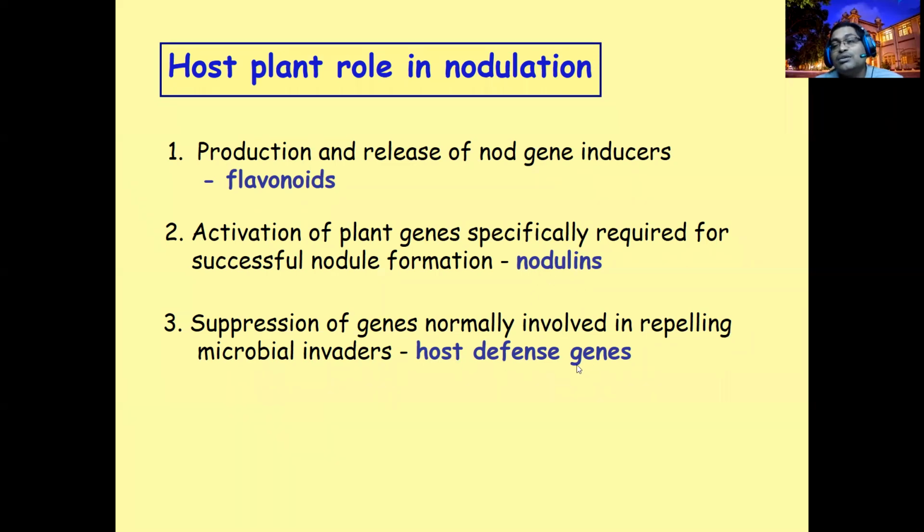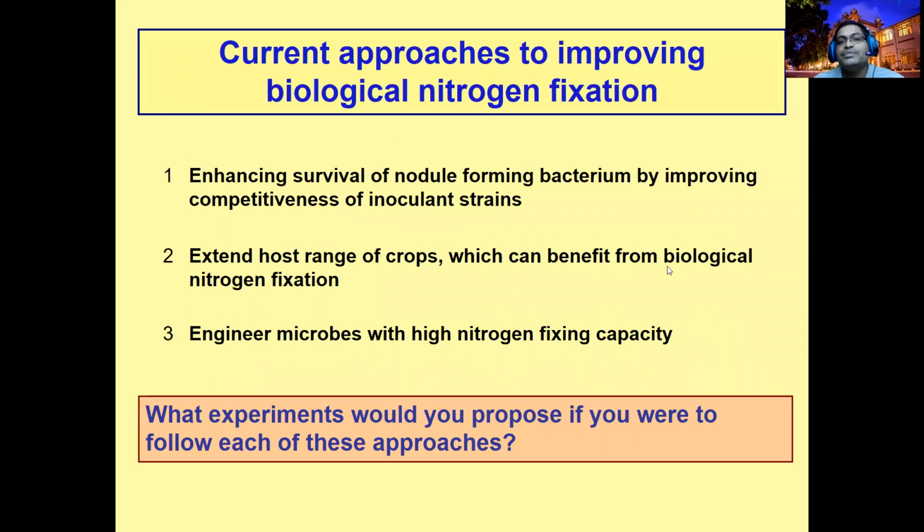Host defense genes are not activated. If the host defense gene is activated, if the plant considers this bacteria a pathogen, then definitely the defense gene will be activated and there is no association. So for nodule formation and a successful symbiotic relationship, on the plant side, these three things help the bacteria.